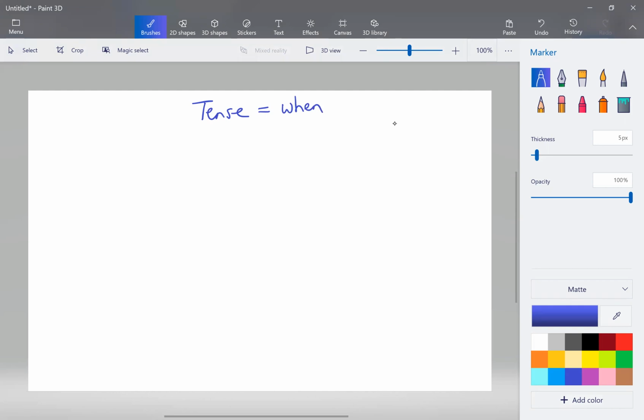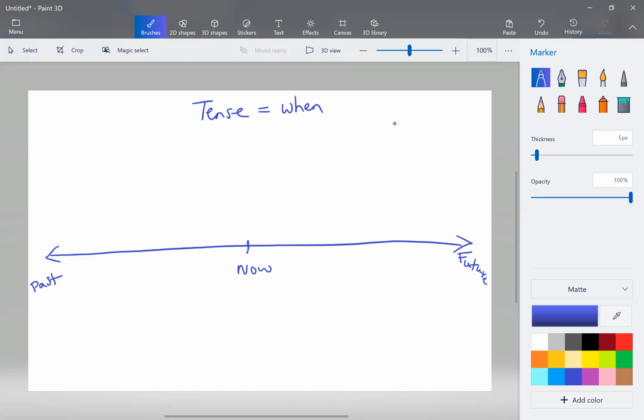So, if we have a timeline, we're going to say that the middle is now. Going to the right is the future. And going to the left is the past.